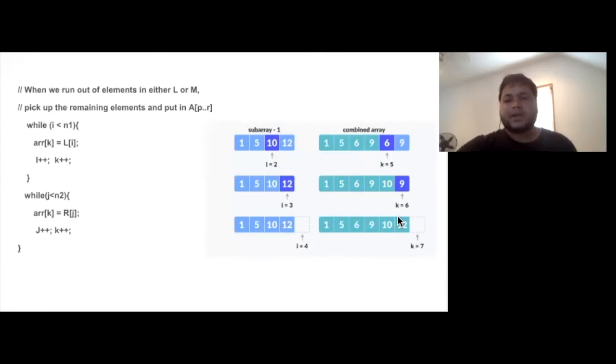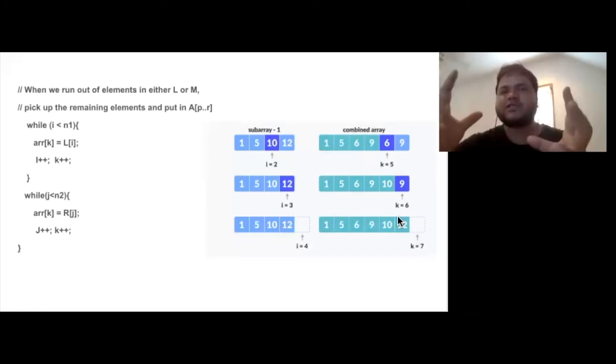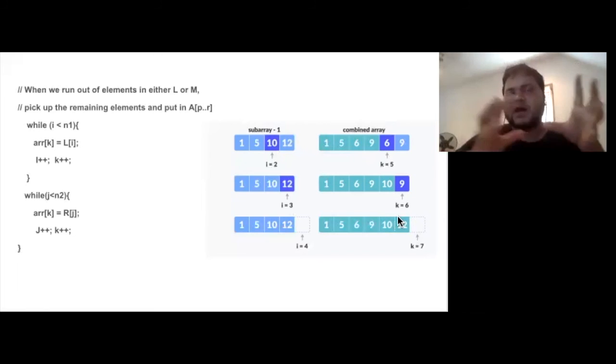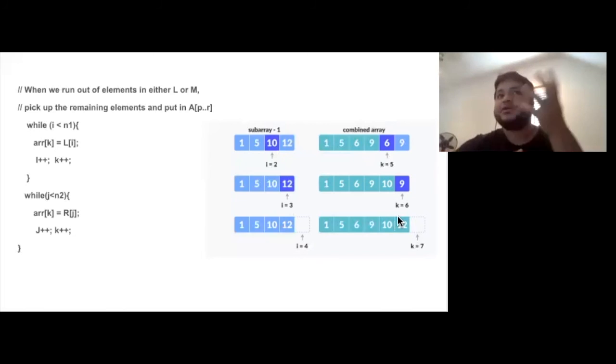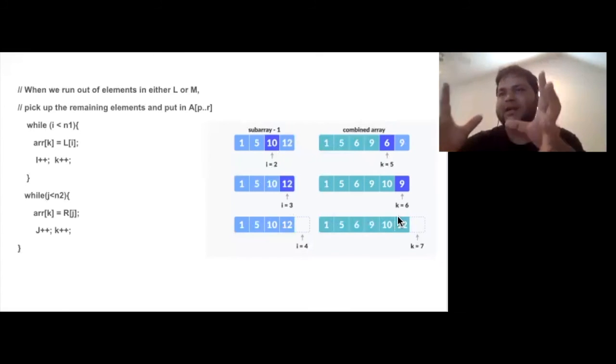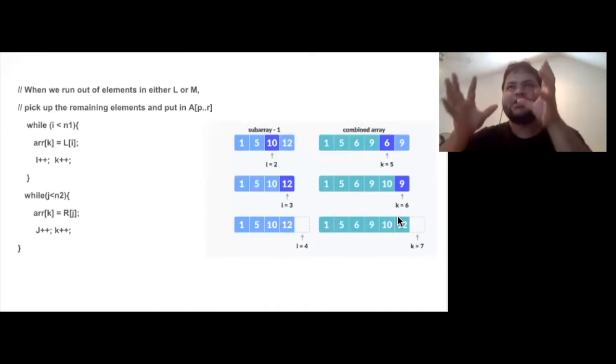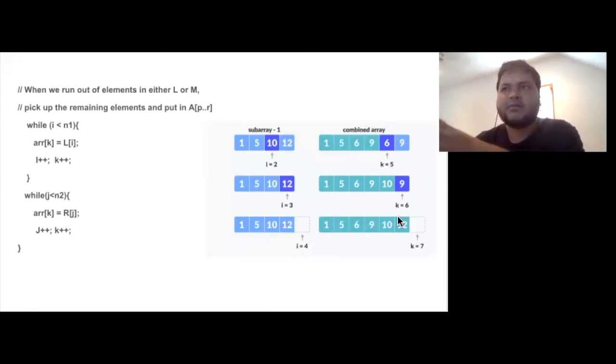What about if we are finished with processing subarray 1, but we have remaining elements in subarray 2? What will we do? Do you have any idea? I'm telling you. If we are finished with subarray 1 but have remaining elements in subarray 2, we will take all the remaining elements from subarray 2 to the combined array.